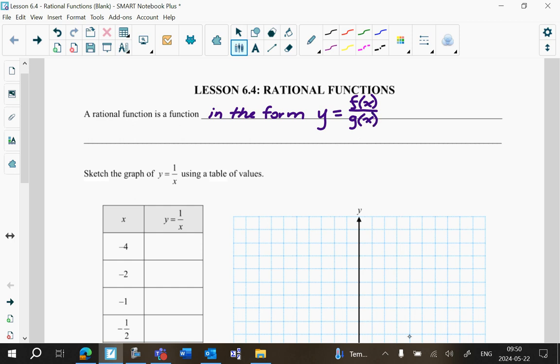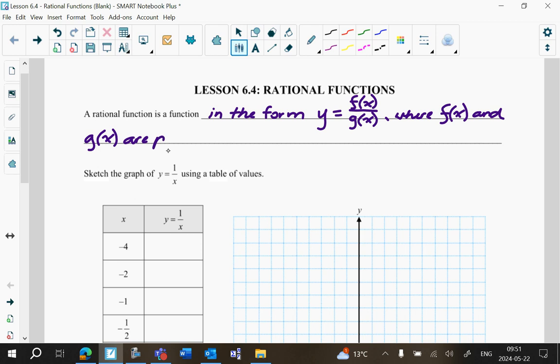It looks like a fraction. Where f of x and g of x are polynomials. What's a polynomial?